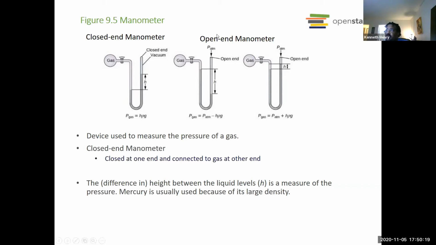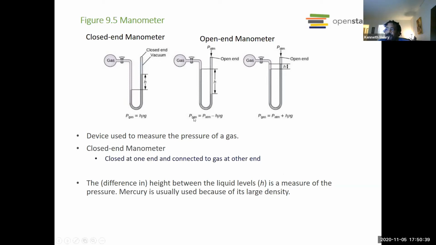The other form is an open-ended manometer. In the case of an open-ended manometer, if the atmospheric pressure is greater than the pressure of the gas, it's going to push the mercury towards the other side of the U, towards the gas.